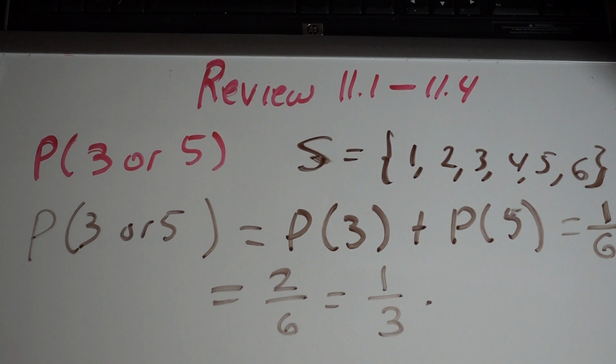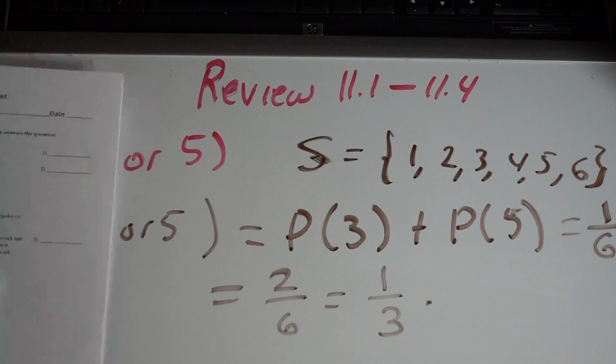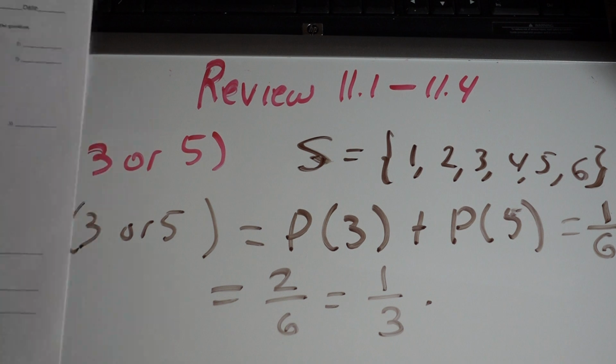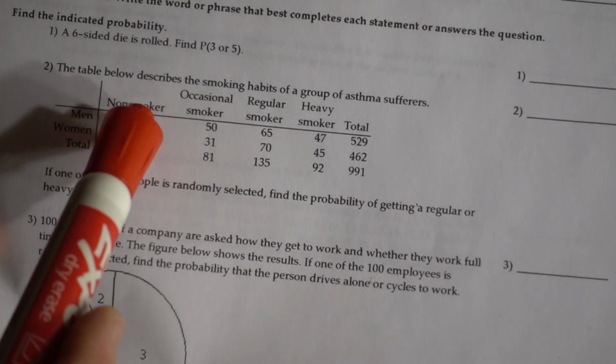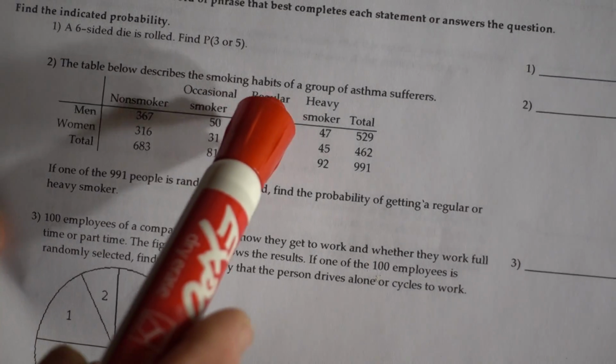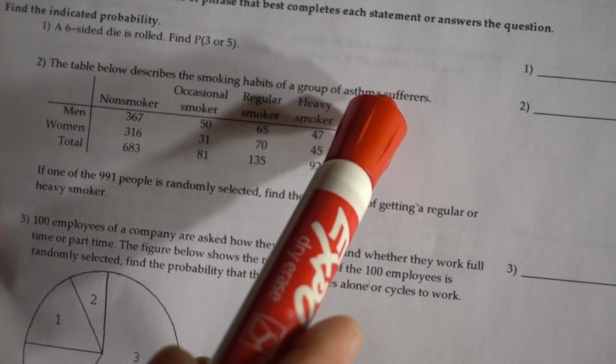Problem number 2, we have a table. In this table we have the smoking habits of a group of asthma sufferers.